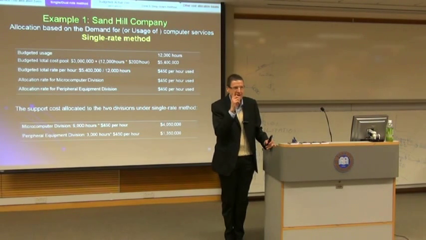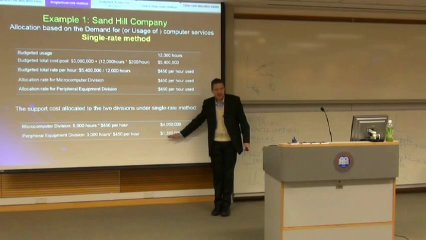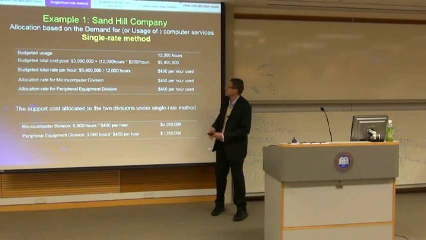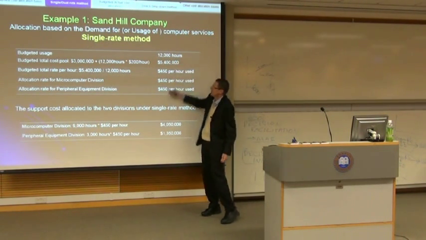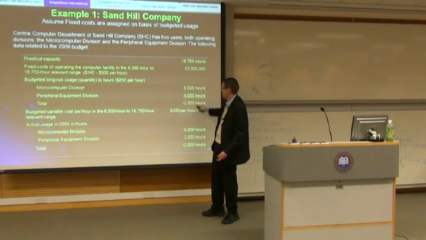You do the calculation. If peripheral used 4,000, right? Do the calculation. If they said they're going to use 4,000 or 3,000. Let's have a look. 12,000. We can go back and check that. What's our budget?